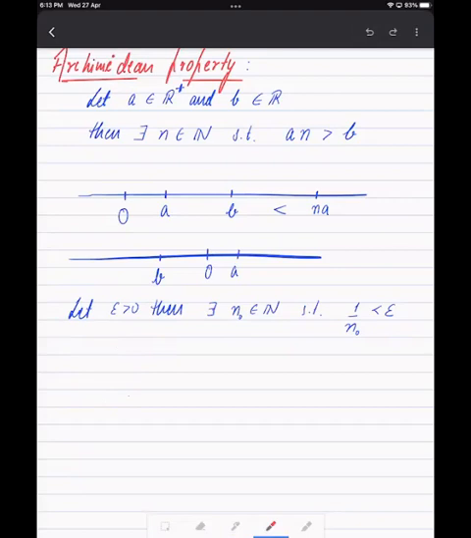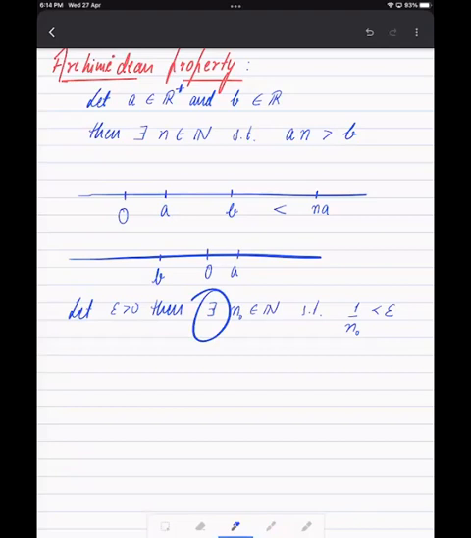It won't be for every natural number. There exists at least one such, and after that, every natural number will satisfy this property.